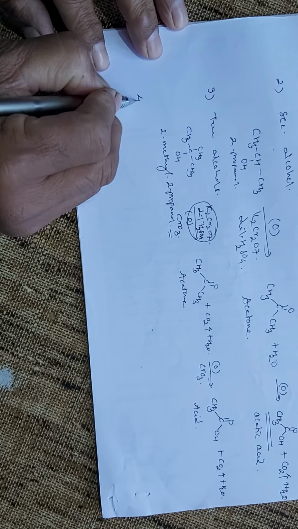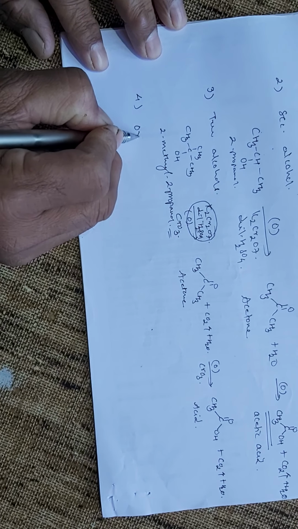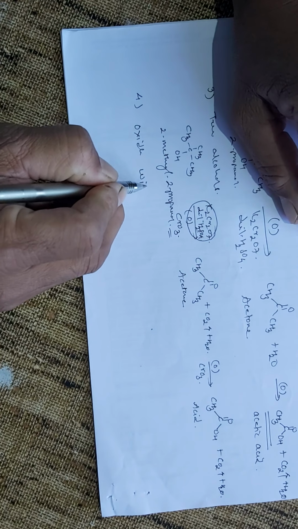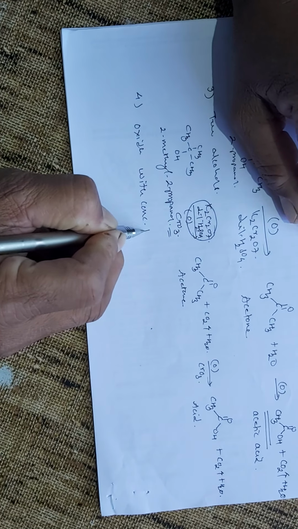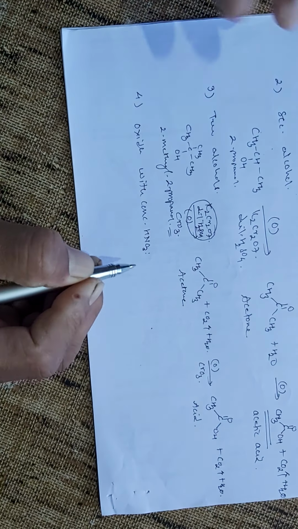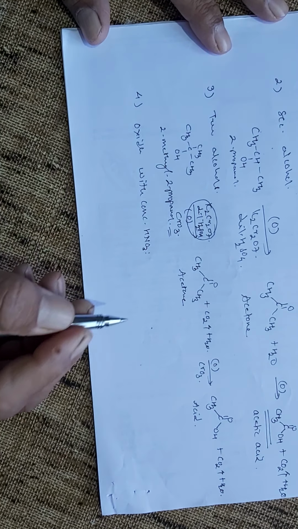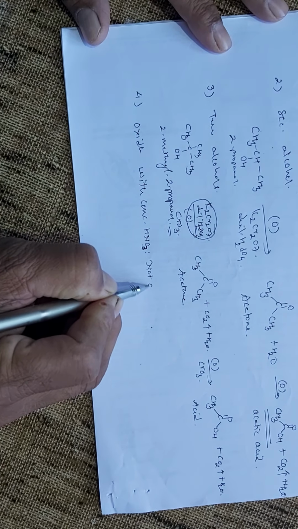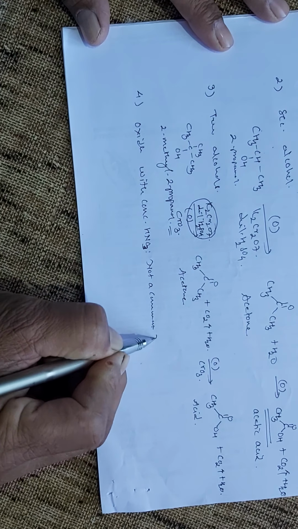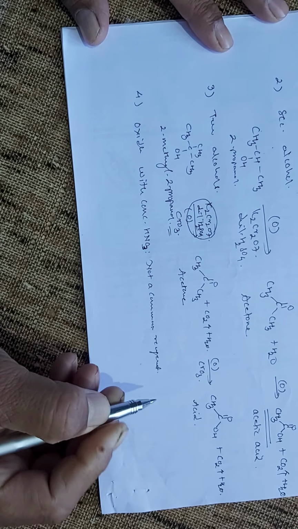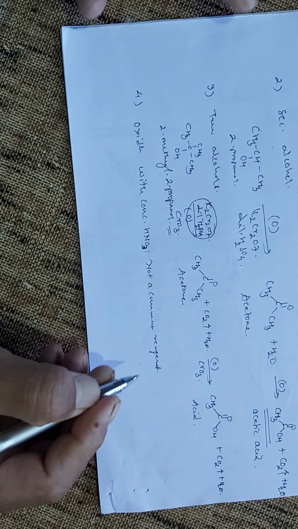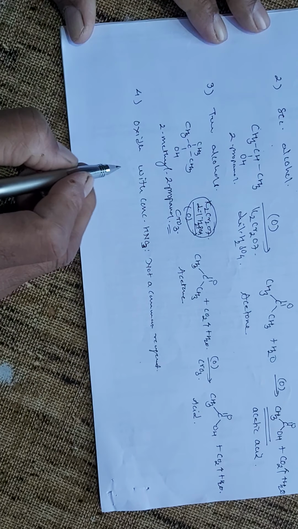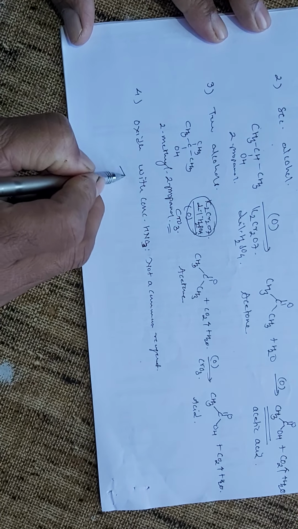Then the next is the oxidation with concentrated nitric acid. Concentrated nitric acid is not a common reagent. It is highly corrosive, and it is only used for the oxidation of benzyl alcohol.